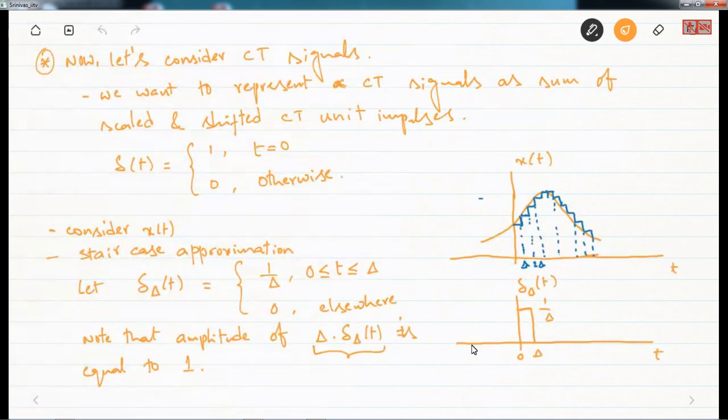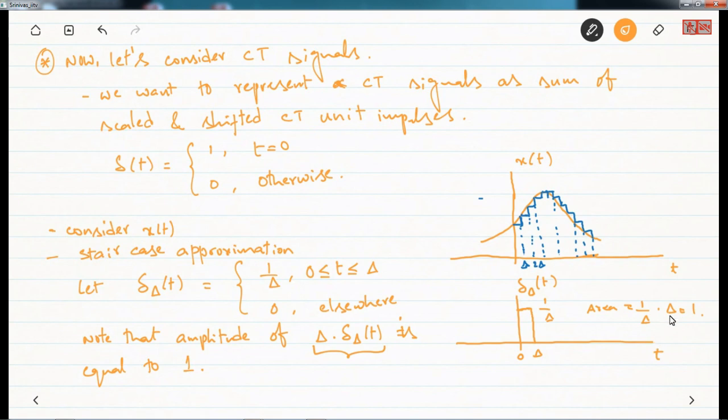As delta goes to 0, the width of this pulse becomes smaller and smaller, and the height of this pulse becomes higher and higher. But the overall area of this pulse remains 1, right? So what is the area of this pulse? 1 over delta into delta, that is equal to 1.